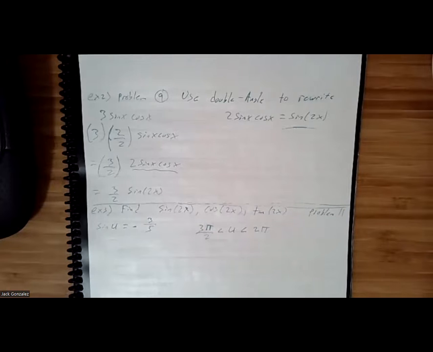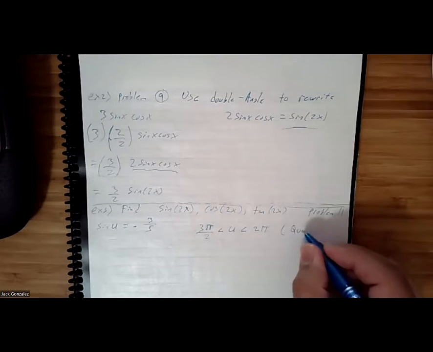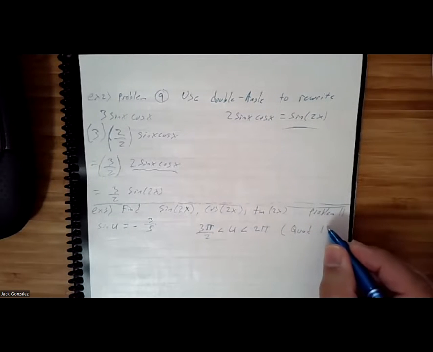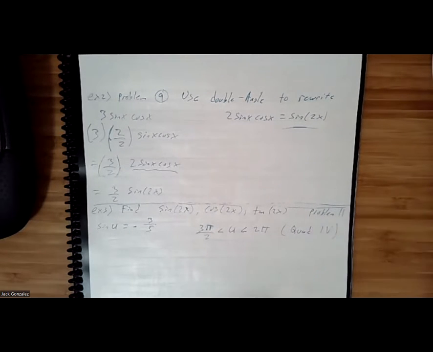So which quadrant is that? Yeah, it's going to be 4. So we always have to keep track of that. They don't outright tell us.